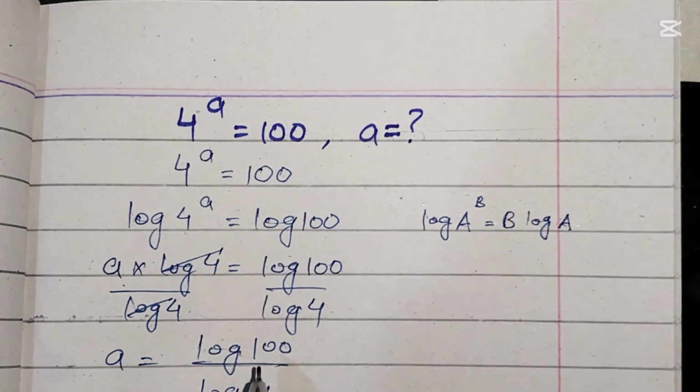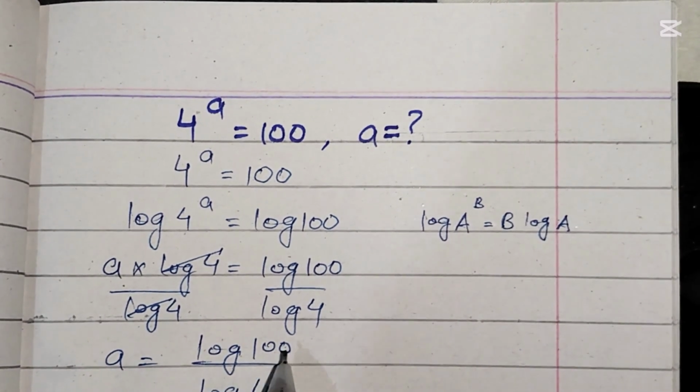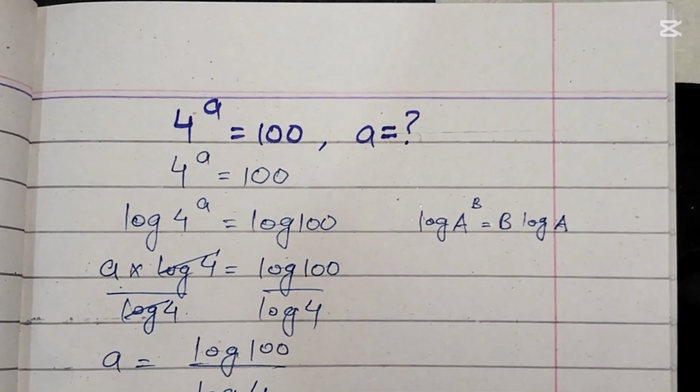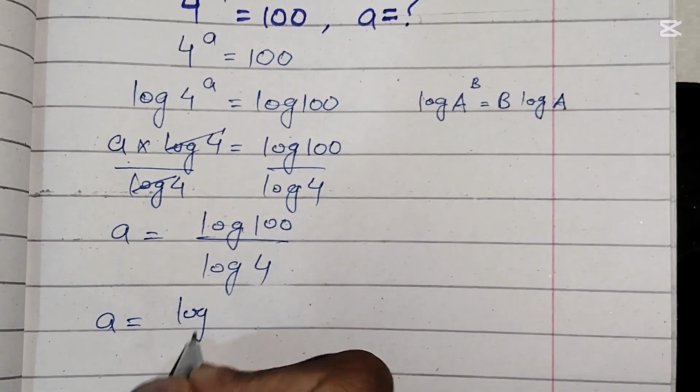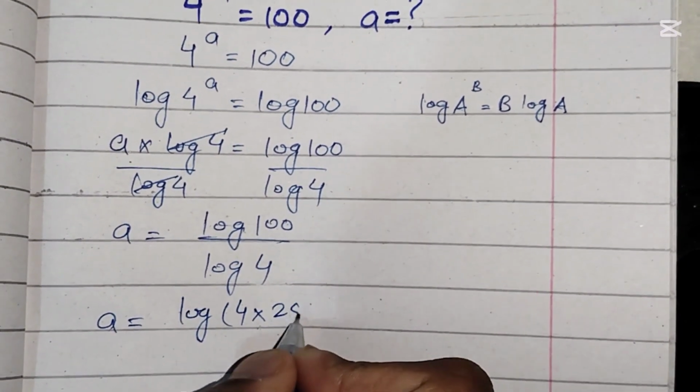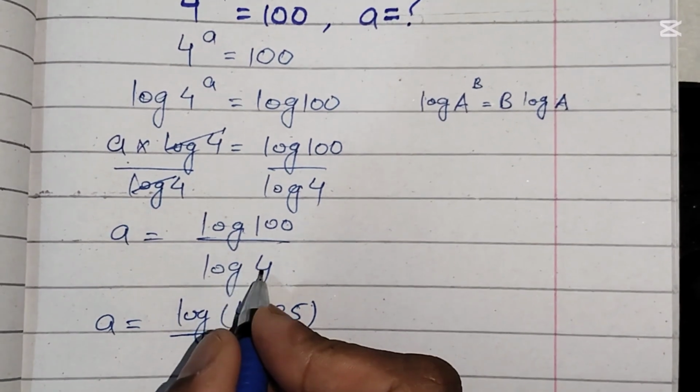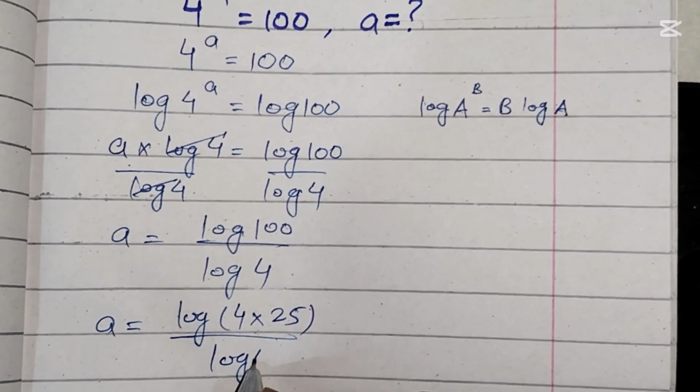Now in the next step, we will break this 100 and write it as a equals log of 4 into 25, and this denominator log of 4 as it is.